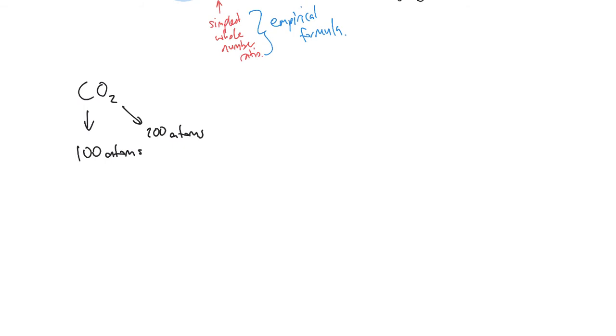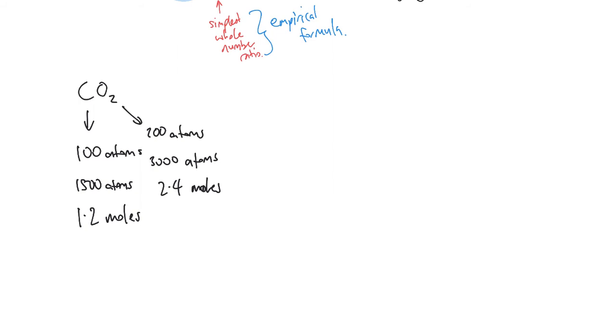If I have 1,500 atoms of carbon, how many atoms of oxygen will I have? 3,000. Nice and easy. All right? Now remember, moles is just a word to describe a number. So if I have 1.2 moles of carbon, how many moles of oxygen do I have? 2.4 moles. Happy with that idea?